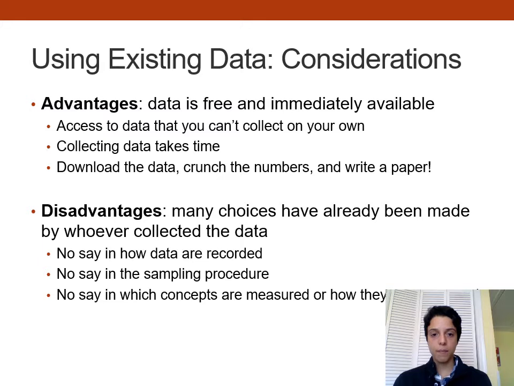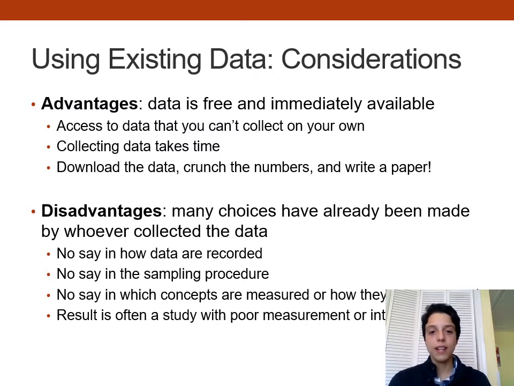And something that often happens when working with existing data is that you'll find that most of the variables you want are in there, but they're missing a few, or there's some where you have to kind of tilt your head and squint to make an argument that the variable that's actually in there is a measure of the concept that you're interested in, and so on.